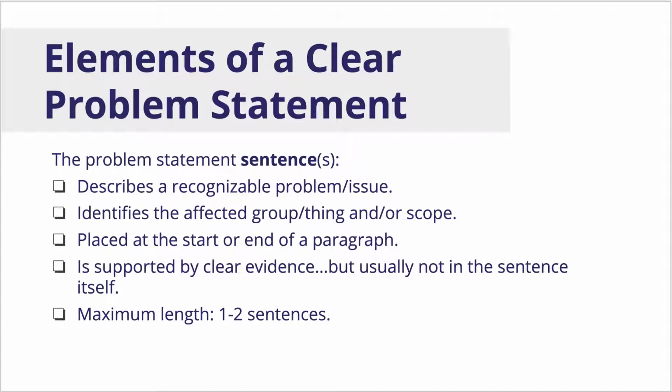And I would say you usually want your problem statement for a dissertation to be 1 or 2 sentences in length. Why 1 or 2? Well, sometimes you have 2 levels of detail that you're giving: the general problem and the specific problem.